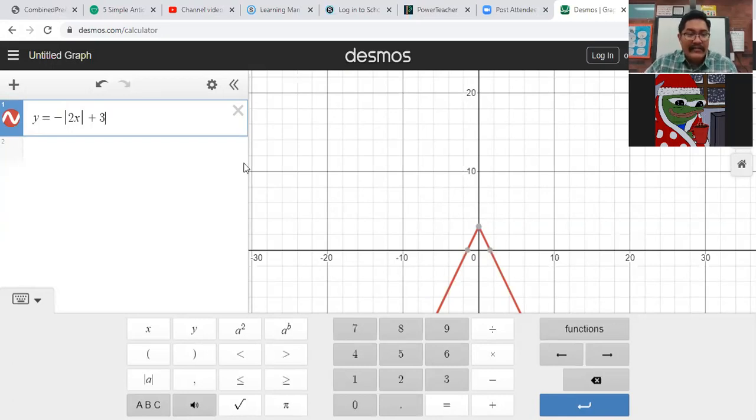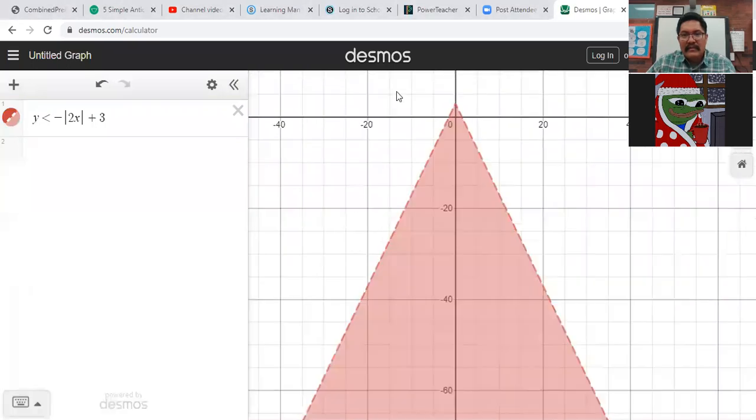In fact, I think you can even do the graph like an inequality. Oh, hey, what do you know? You can. But you're still going to need to finish out the table, all right?